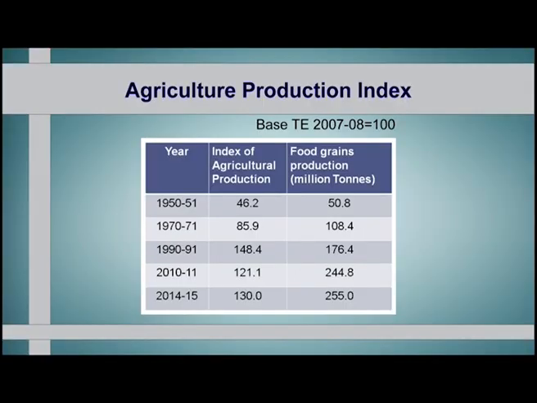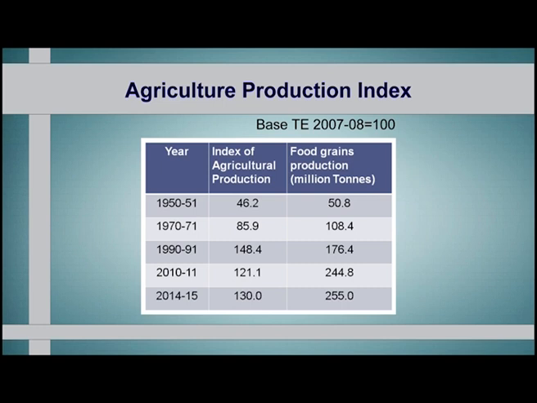Because of this minimum support price or the efforts of the government, the country is able to produce now more than 255 million tons of agricultural food grains, which was merely 51 million tons in 1950-51.